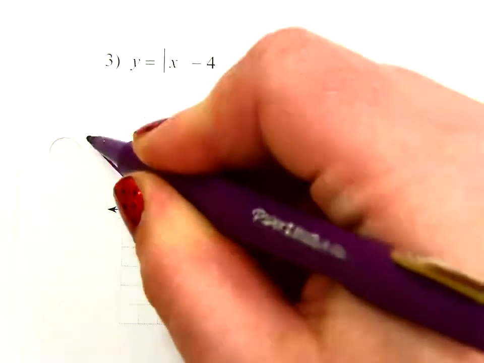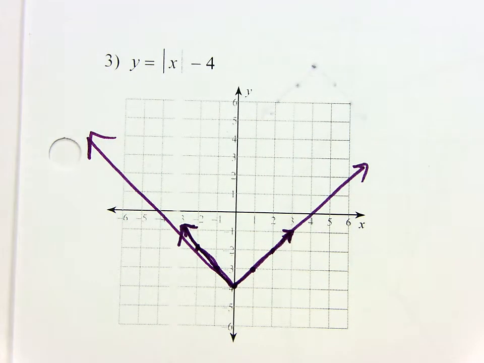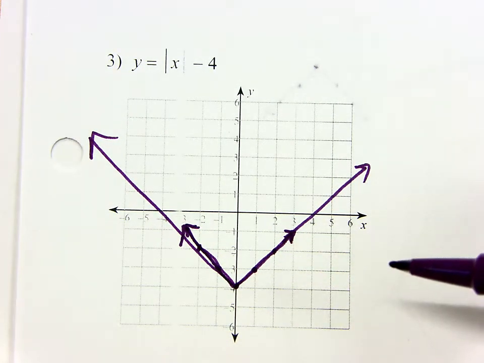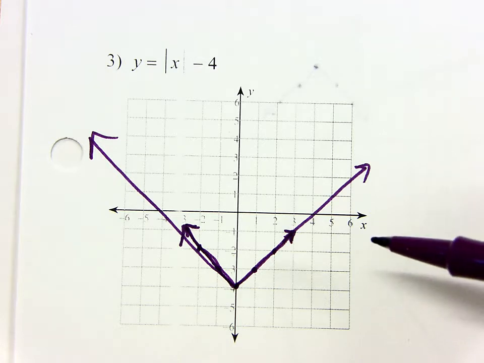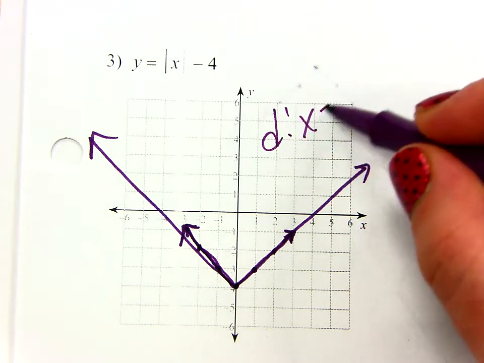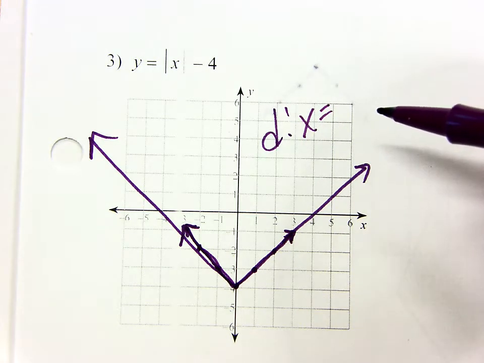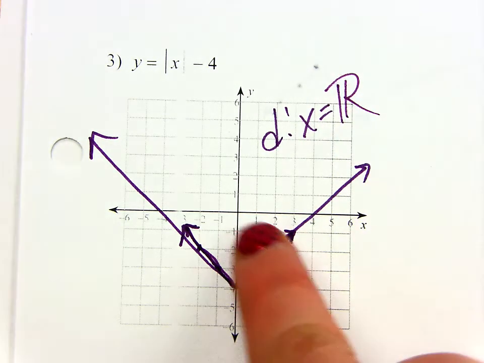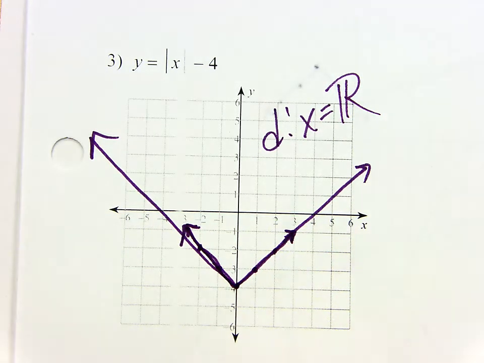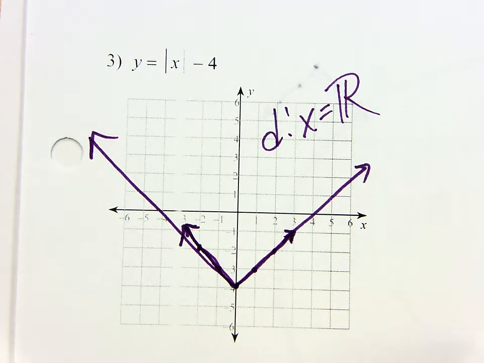So eventually every x value is going to be covered, right? So what would I say for my domain? All reals, yeah. Every single x number, all numbers on the x-axis will get covered eventually.